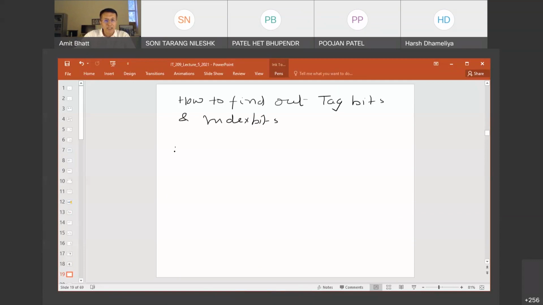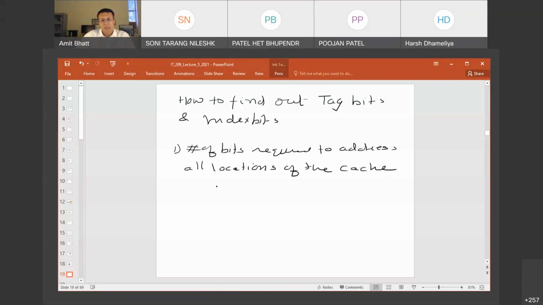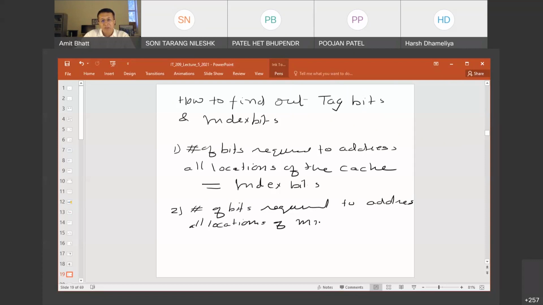So the first rule is: the number of bits required to address all locations of the cache is equal to index bits. 2, the number of bits required to address all locations of main memory is equal to total number of bits.